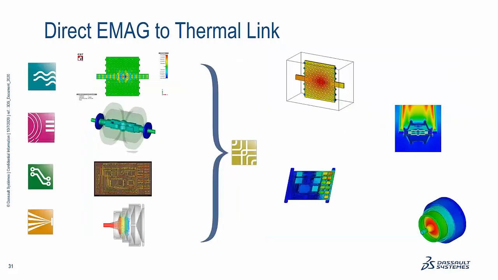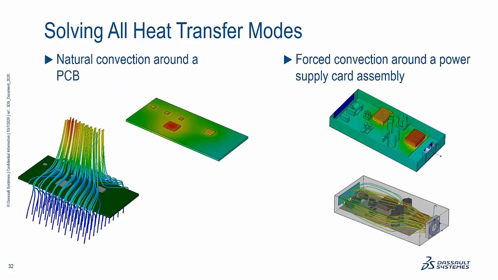And direct thermal link. I've covered this a few times now. Hopefully you're convinced this is the right way to do it, because you do need to know where the actual heat loss is. So having an accurate mapping is very, very nice. And we model all three modes of heat transfer.